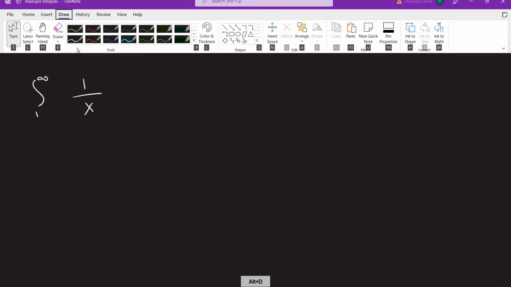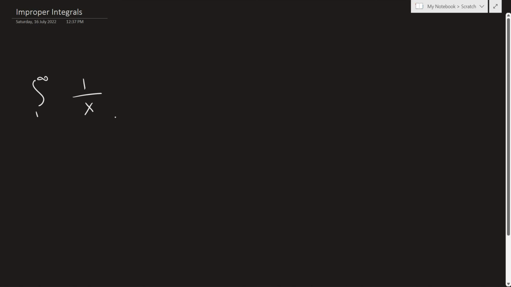So 1 over x, we first find the integral. So the integral of 1 over x is simply ln x. So this will become ln x from 1 to t. We change infinity to t. Alright? Here there's no need, but later, it will be important.